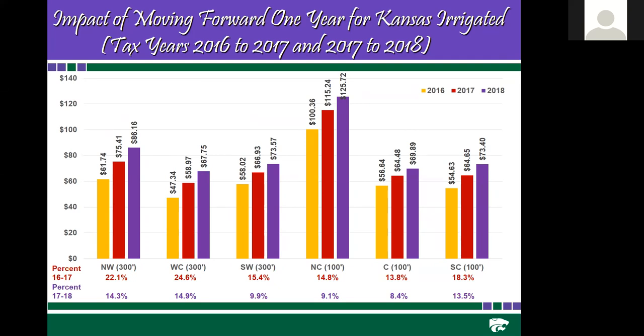The profitability of 2008 and 2013 are certainly driving those LNIs per acre. You can also see, though, that from 17 to 18, that number did back off a little bit.